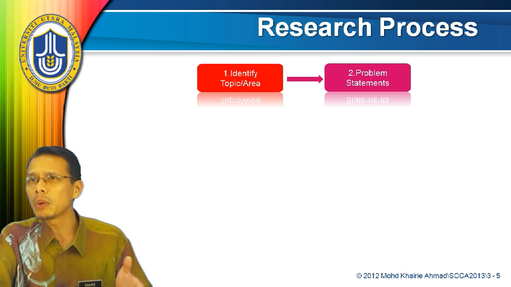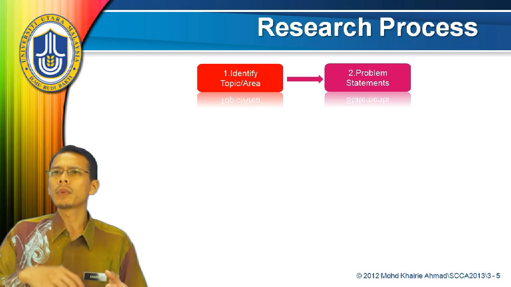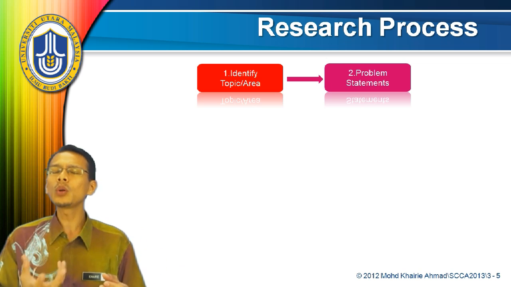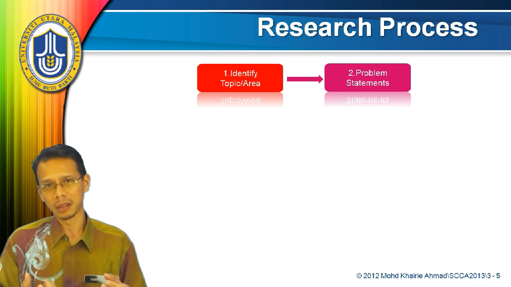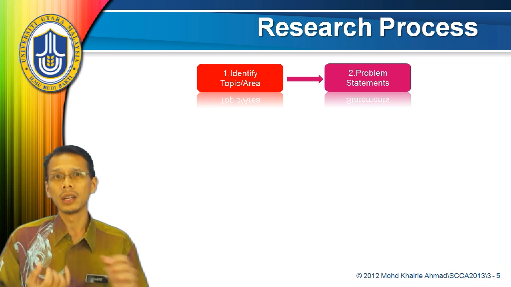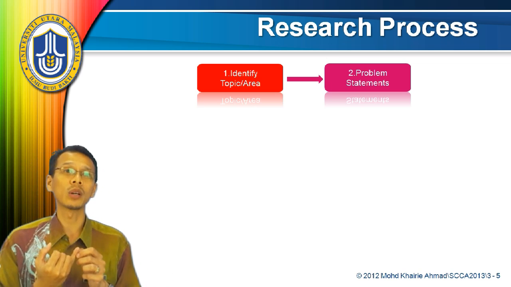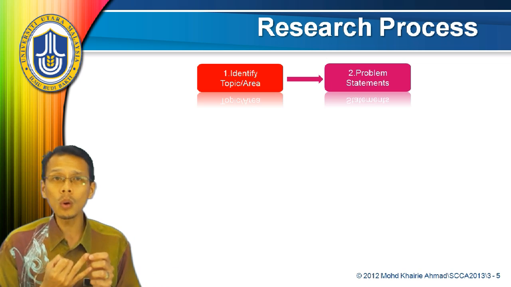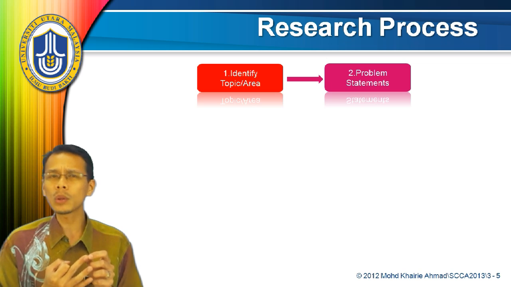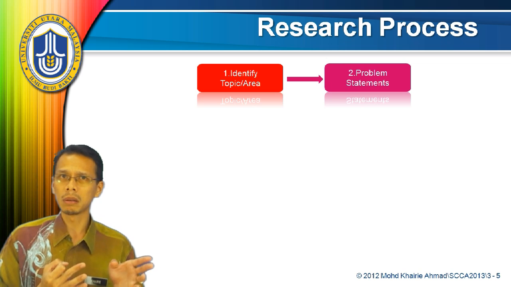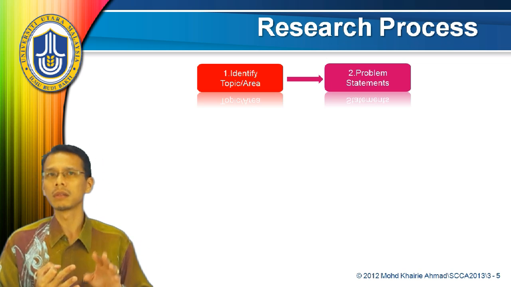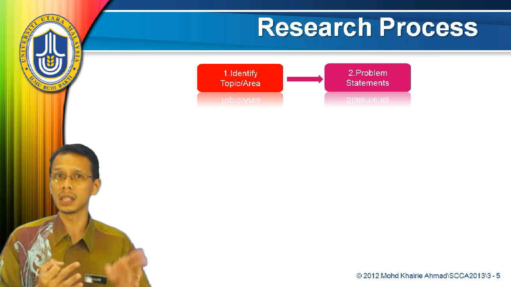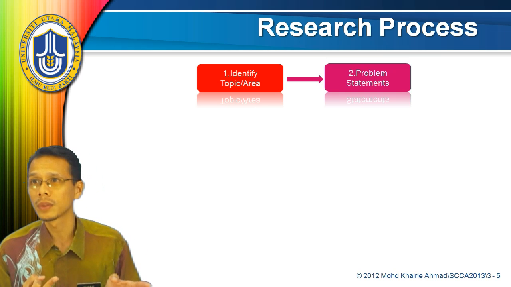So when we talk about problem statement, how do we get a problem statement? As I mentioned just now, it can be because we want to solve a problem. Maybe we want to know more, or maybe we want to confirm whether this thing is still okay, this thing is still needed or not.